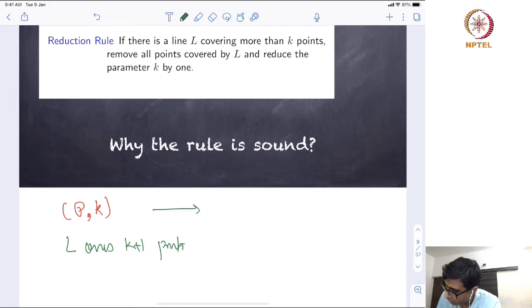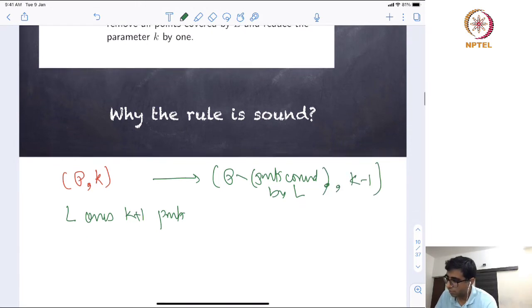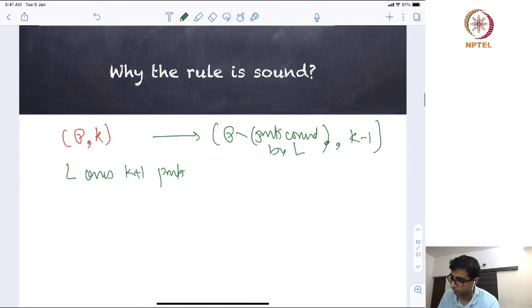My reduced instance is P minus the points covered by L, and k minus 1. Let's try to show why this is sound.